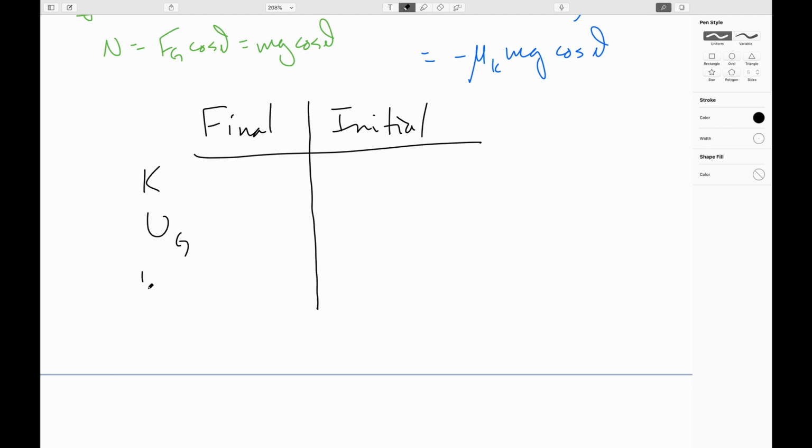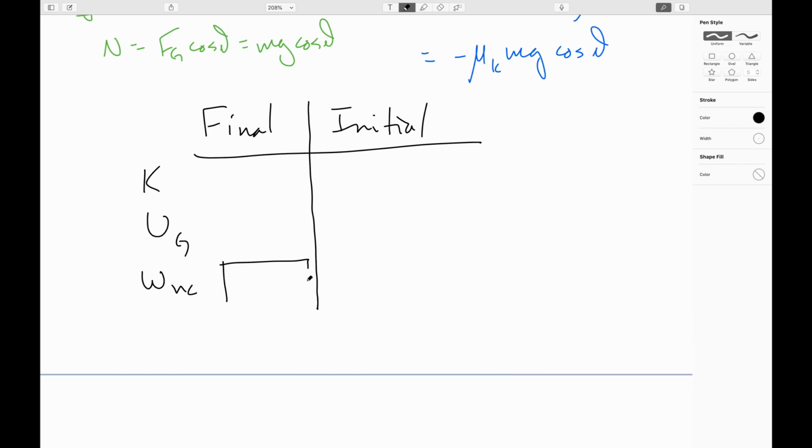We're also going to have to throw in the work done by non-conservative forces. We're basically treating this the same way an accountant would treat a variance. That's where when the books don't balance, say somebody five-finger discounted something from the till or something, they have to note the variance and they have to put it on just one side of their ledger. So we're going to do the same thing.